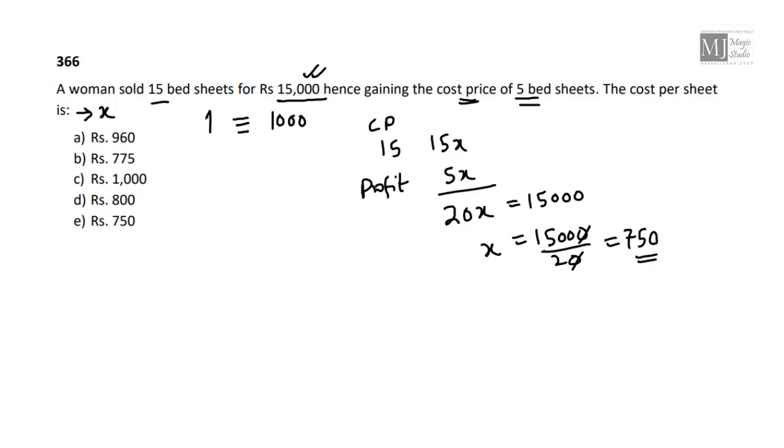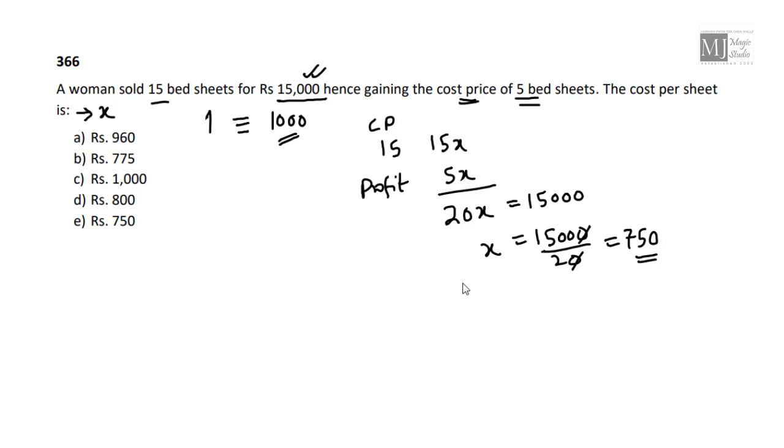750 rupees. And how much is the profit if they ask? Profit is 5x divided by 15x. That is 1/3, 33.33%. Or you can also see here, selling price is 1,000, cost price 750. Profit is 250 divided by 750, 1/3, 33.33%.